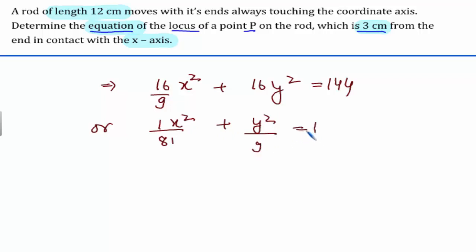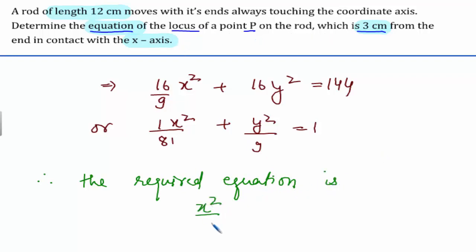Therefore, the required equation of the locus of a point P on the rod is x square divided by 81 plus y square divided by 9 is equal to 1. This completes the solution.